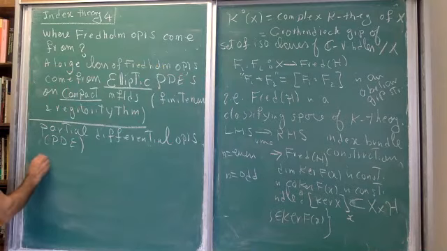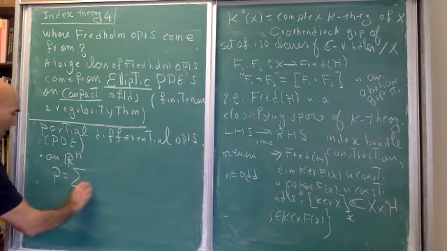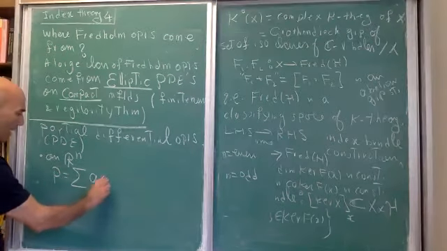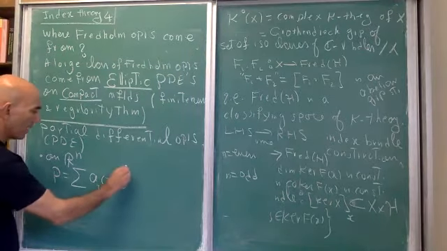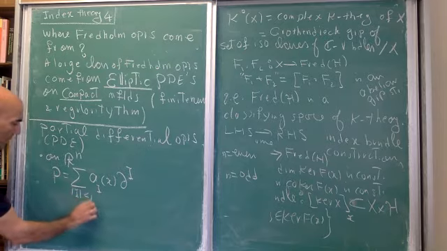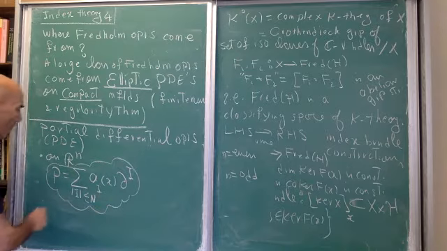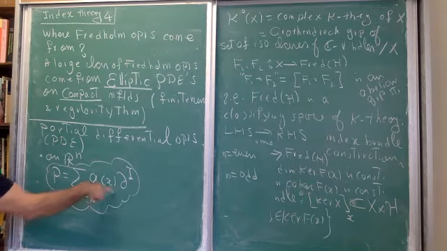First of all, on R^n, a partial differential operator is an operator of this form, P equal to the sum of a_I(x) ∂^I, with the absolute value of I less than or equal to n.